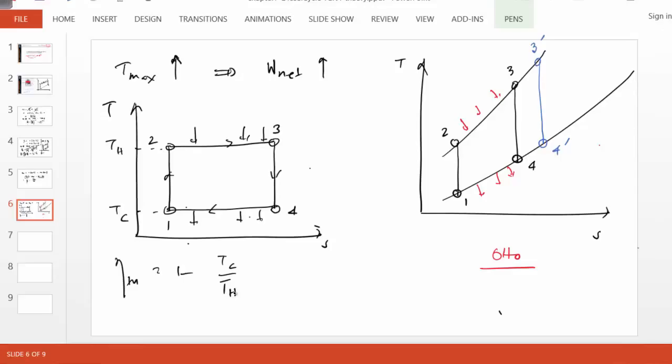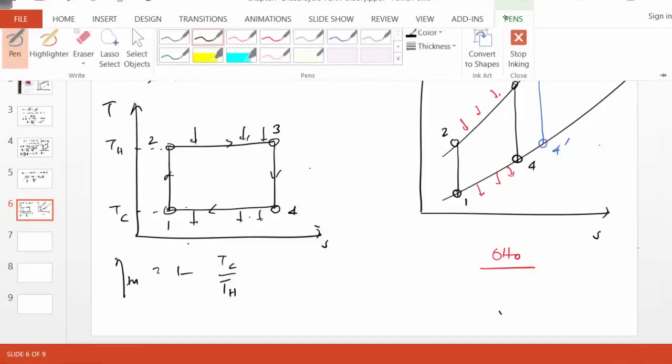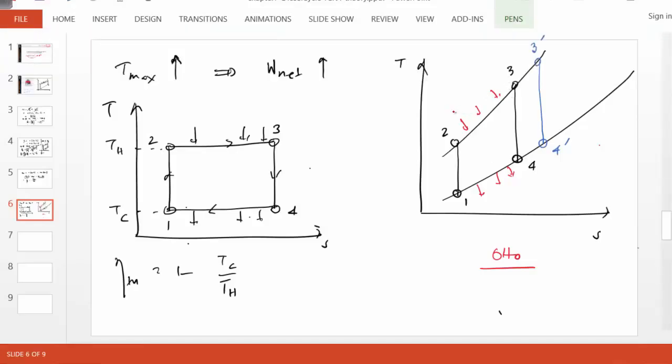Now, yes, an Otto cycle may not look like a Carnot cycle, but you can approximate it. In the original cycle 1, 2, 3, 4, where is the heat addition taking place? We can say approximately that this is the equivalent temperature. We'll call this TH bar, kind of an average temperature of heat addition. And the heat rejection, we'll call TC bar. So the efficiency of the Otto cycle is approximately 1 minus TC bar over TH bar.